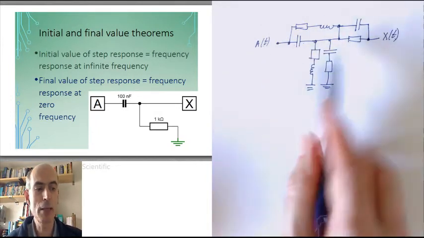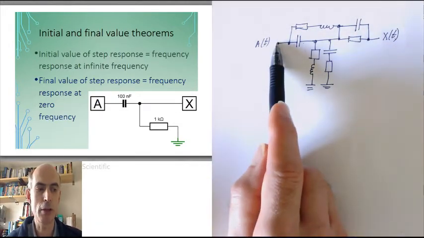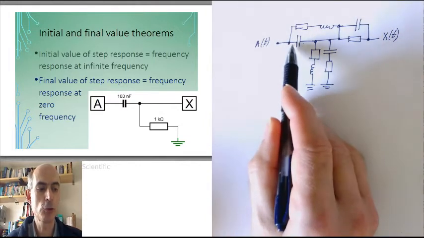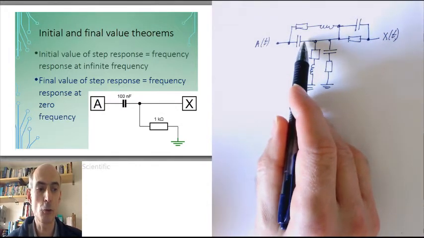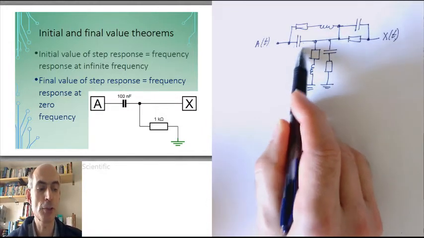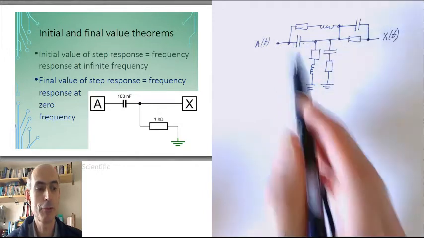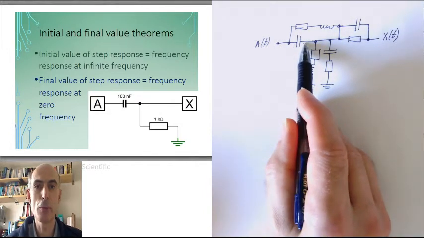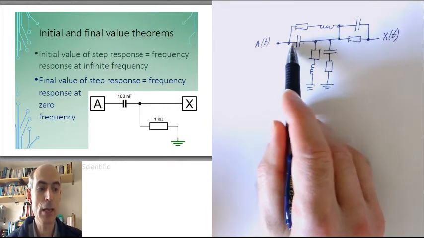So there's never been any voltage anywhere in this network before the step arrives. That means that the voltages across the capacitors will have been zero just before the step, and therefore must still be zero just after the step. Well, if the voltage across a component is zero, then that component is effectively behaving as if it has zero resistance. It's behaving just like a wire.